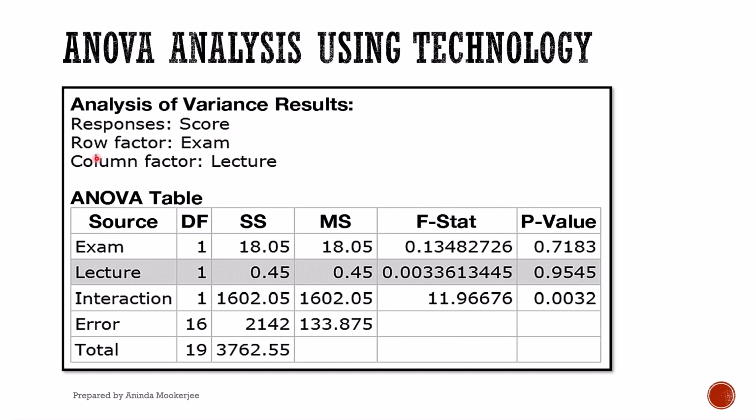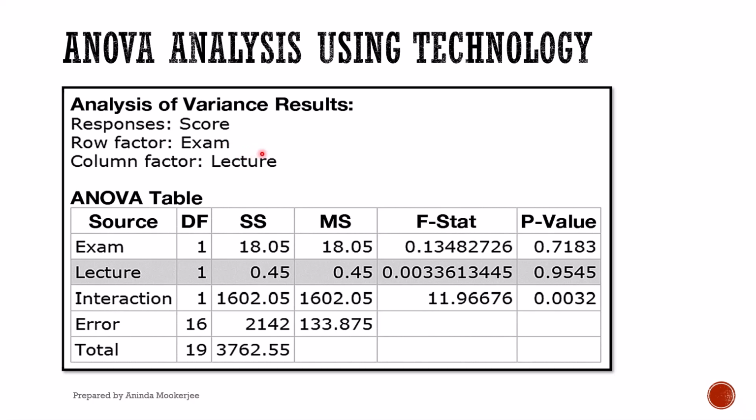And then there are two factors, the row factor or factor A, which is exam. Within that factor, there are multiple levels. We don't know what each of those levels are or how many there are yet.